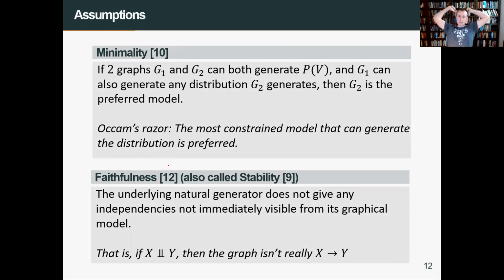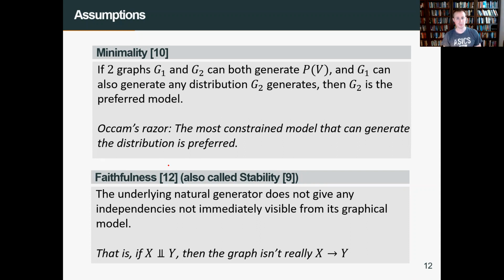For minimality, the idea is that if we have two graphs, G1 and G2, that can both generate the same distributions PV, and we know that G1 is going to generate any distribution that G2 generates, then we're going to prefer G2.